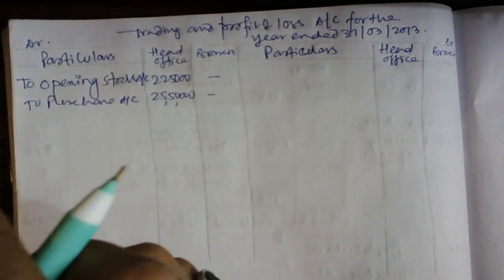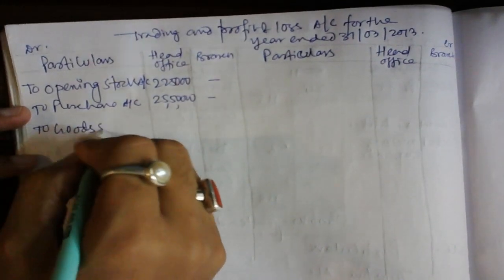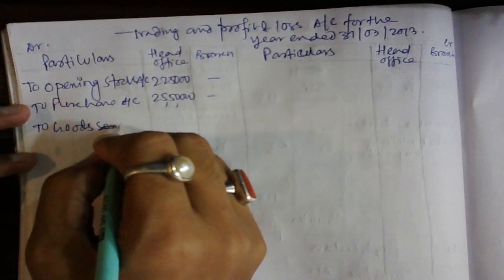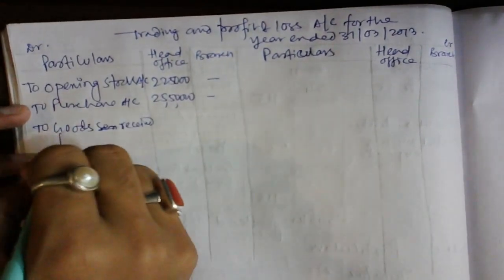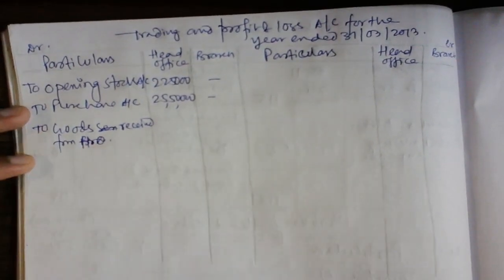So in case of the branch books, we are going to write to goods received from HO. So if I am going to do the actual journal, देखिए actual journal अगर करते हैं तो क्या होता है, who is actually sending the goods, it's HO, and who is receiving the goods, the branch.